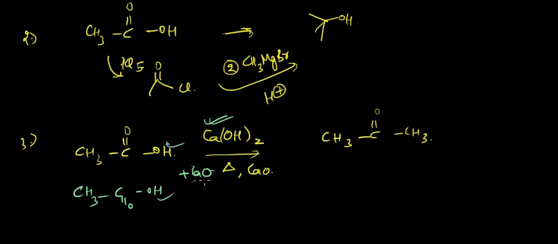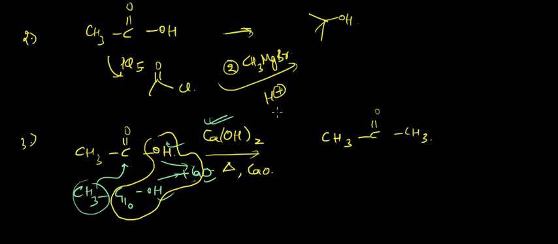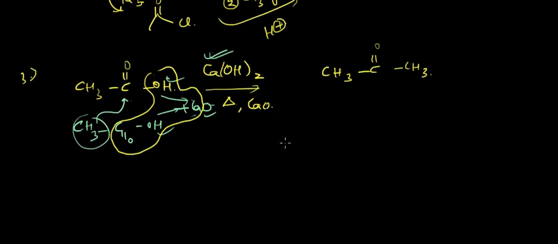After the removal of the water molecule, this oxide and this oxygen will attach with this CaO, and then the elimination of CaCO3 will take place, and finally one of the CH3 will get attached to this carbon. As both compounds are symmetrical, I will just say that this CH3 will go and attach to this C double bond O, and meanwhile CaCO3 will eliminate itself from the compounds.